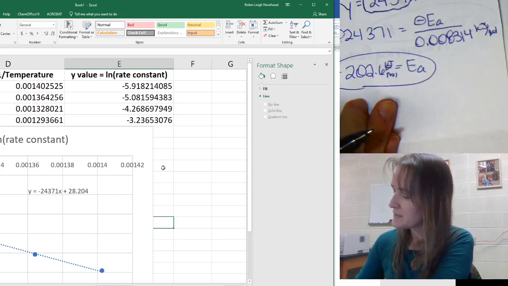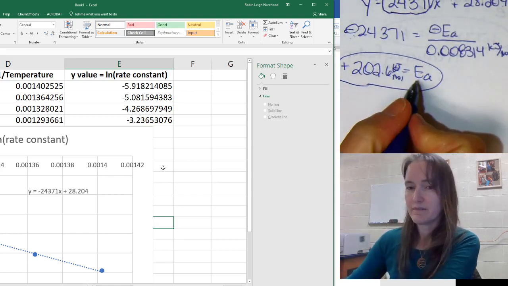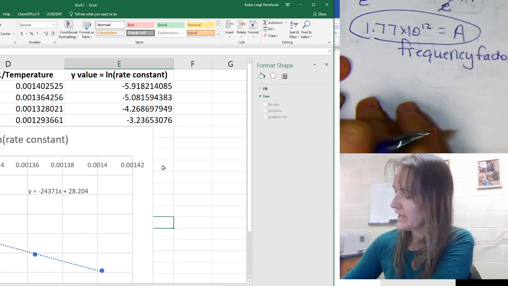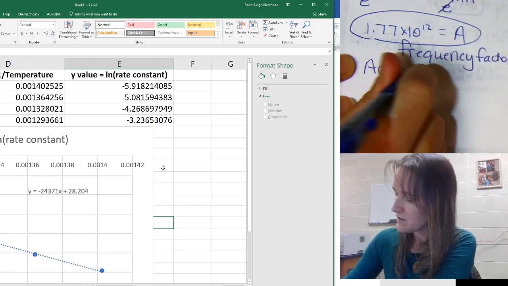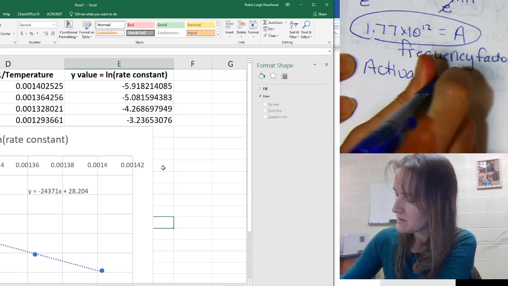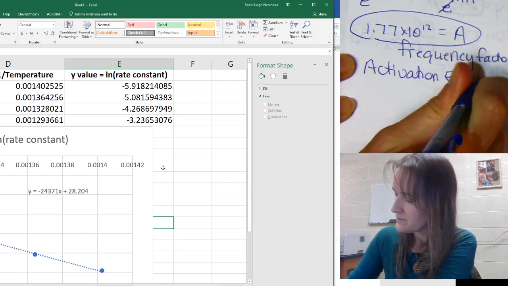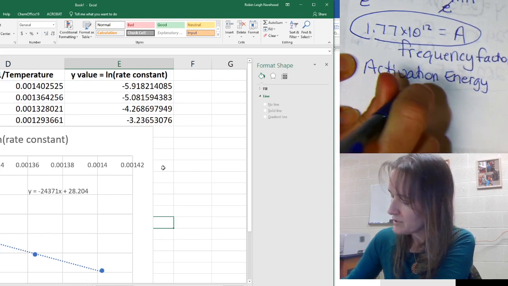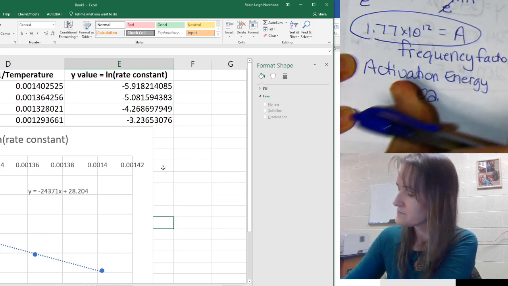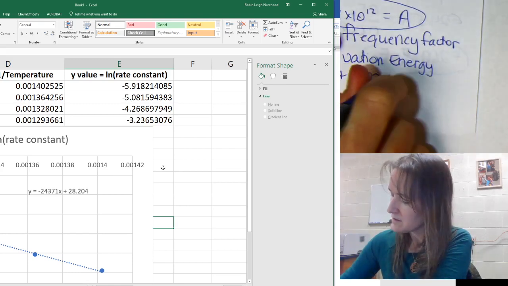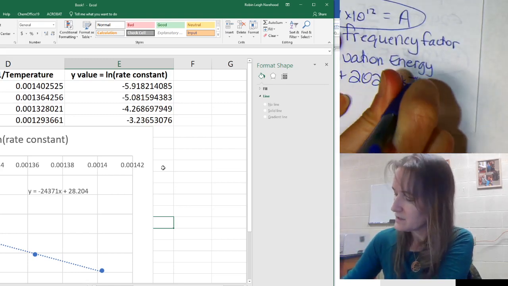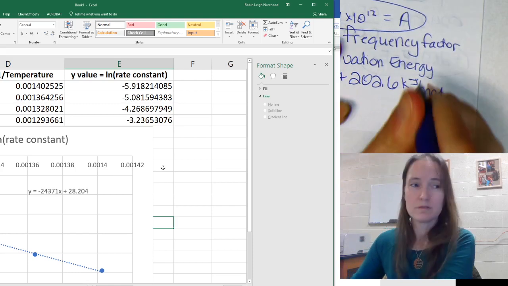And then E sub A is the activation energy. And so our activation energy is positive 202.6 kilojoules per mole.